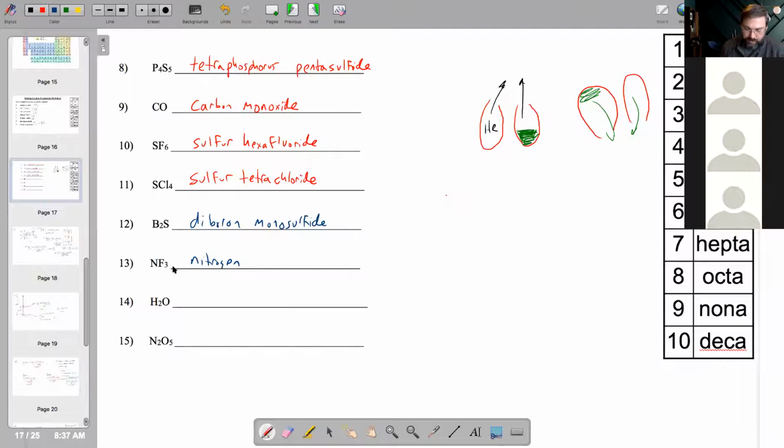Okay, nitrogen and then three fluorines is trifluoride. And then H2O, this is that same one, kind of like as a joke. I mean, it's not a joke, it's an important compound. But dihydrogen monoxide. N2O5 would be dinitrogen pentoxide. So if you did those as additional example problems, those are the right answers for those.